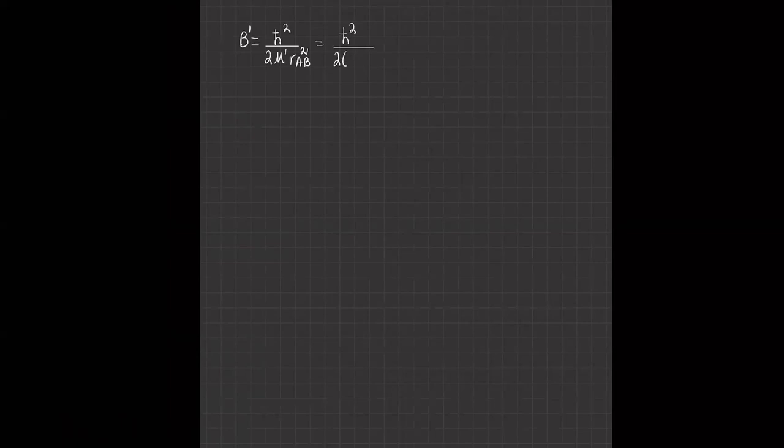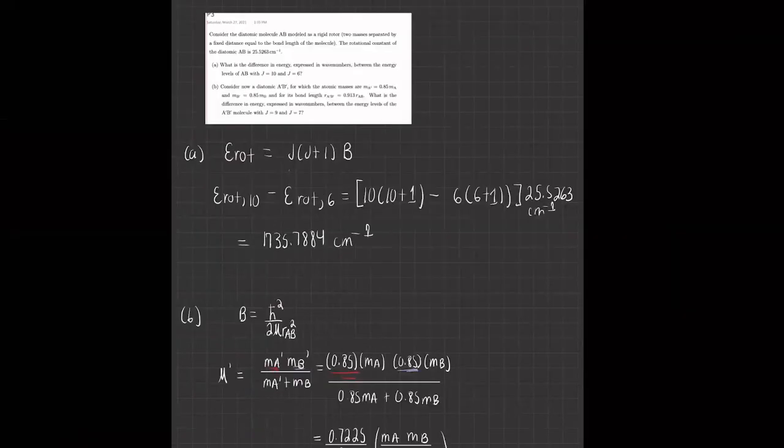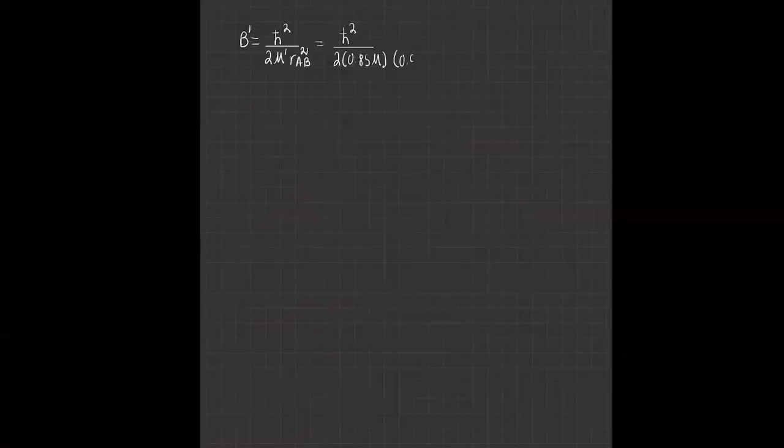And then from what we saw before, it's 0.85 times the old reduced mass, and it's times 0.913 RAB squared.